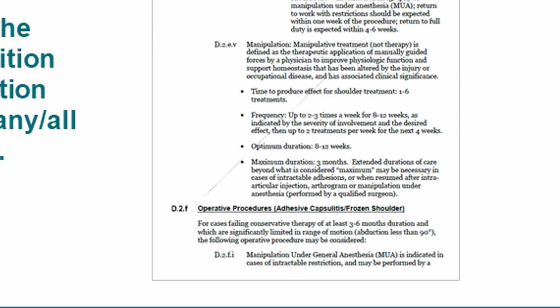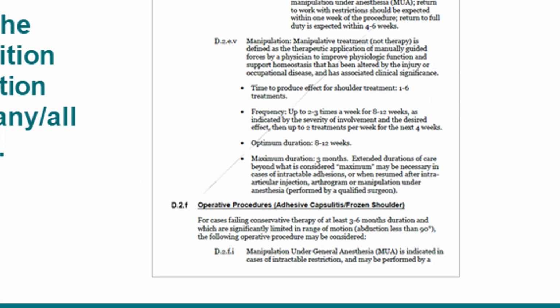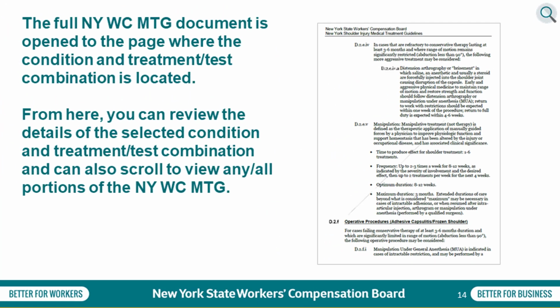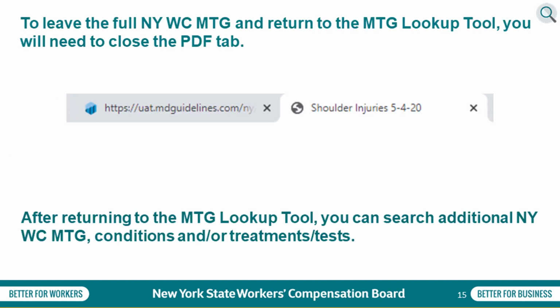From here, you will review the details of the selected combination, and you can scroll to view any or all portions of the MTG. To exit the document, select the X on that tab in your browser window. After returning to the MTG Lookup Tool, additional searches can be done to find alternative conditions and/or treatments or tests.